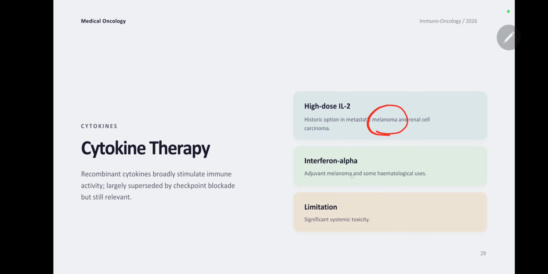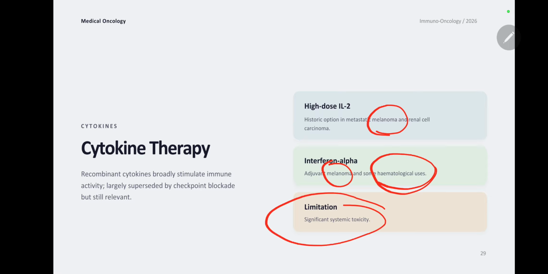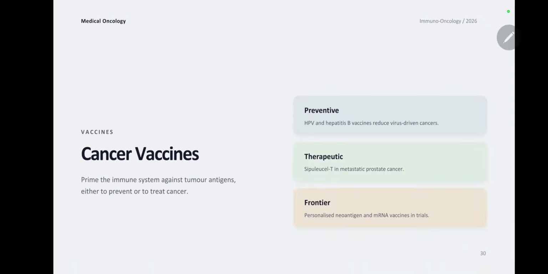Interferon alpha is also used in some hematological malignancies like CML, before we used imatinib, along with hydroxyurea. The limitation is that there is very severe and significant systemic toxicity.